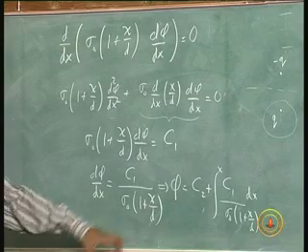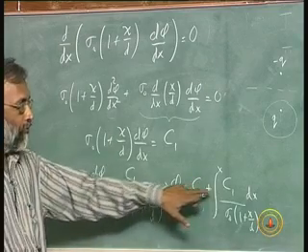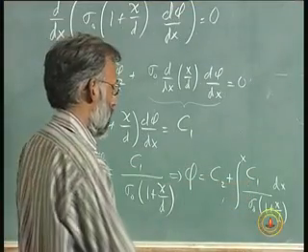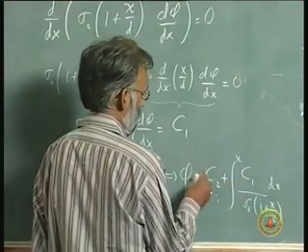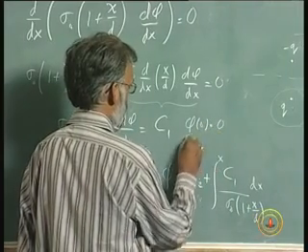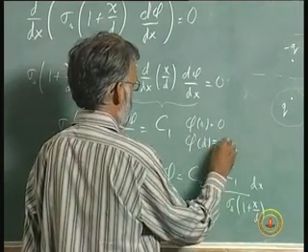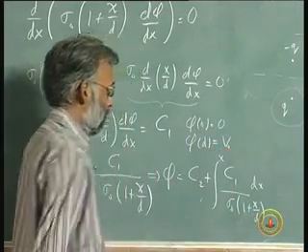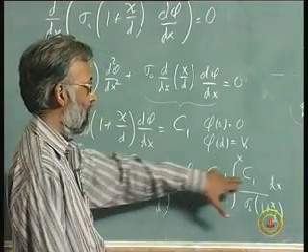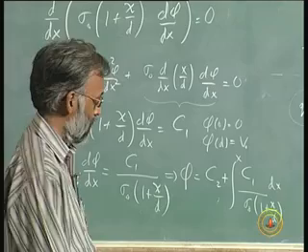Once again, the answer is in terms of two unknown constants, and we have two pieces of information. We know that phi at 0 is equal to 0, phi at d equals v naught. So, using these two pieces of information, we can determine C1 and C2.